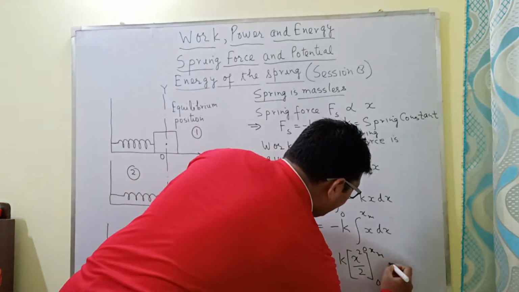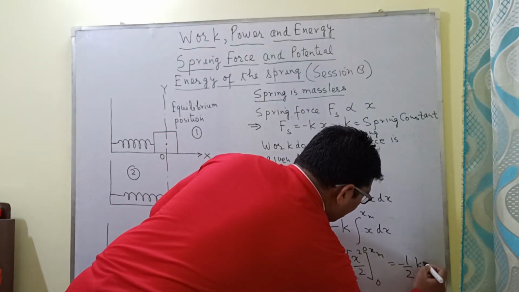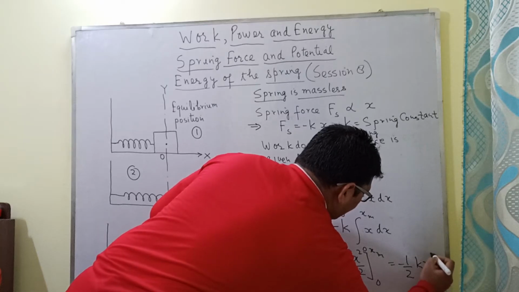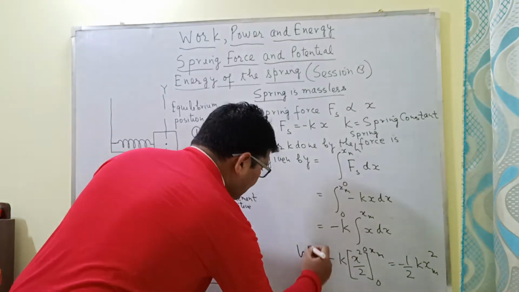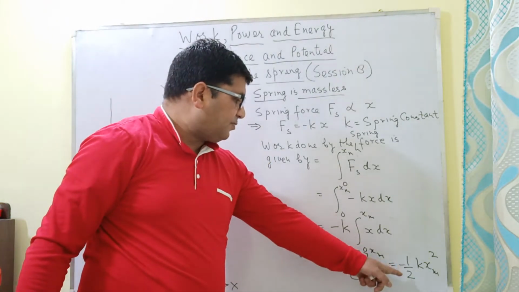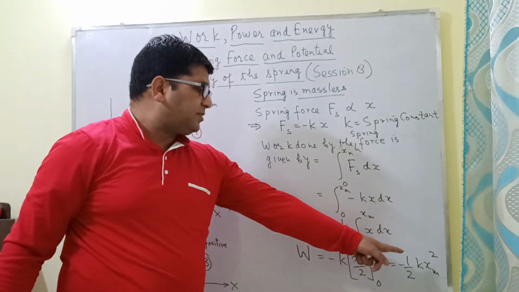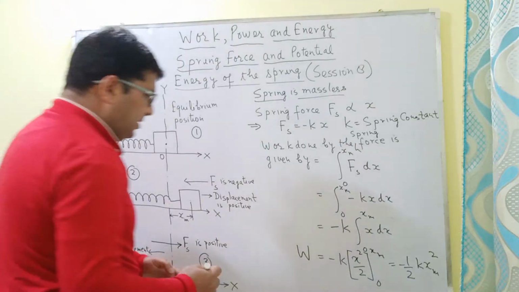So this will be equal to minus 1 by 2 k xm square. So the work done is equal to minus 1 by 2 k xm square, where xm is the displacement of the spring.